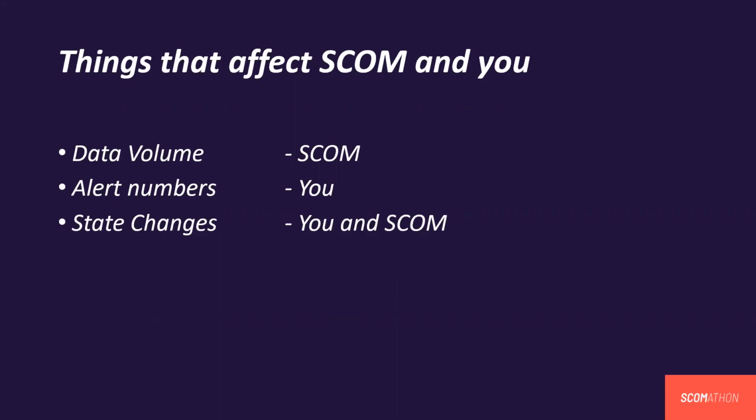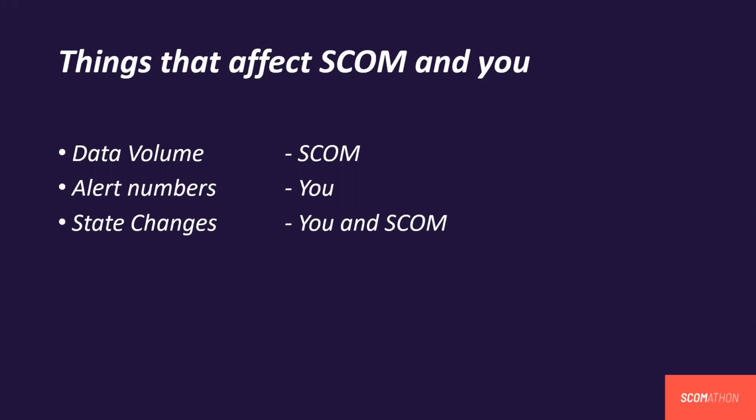Now, state changes is what makes the objects in your SCOM go red and green, basically, or any of the other potential colors. So if you have a lot of state changes, monitors flipping back and forth between red, yellow, and green, you will see that SCOM will slow down because, well, it has a lot of calculation to do.